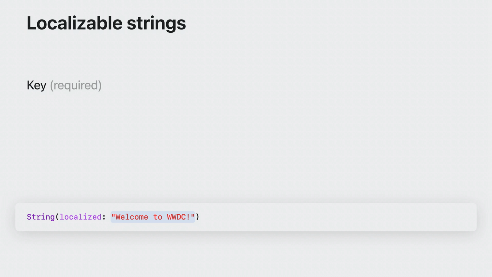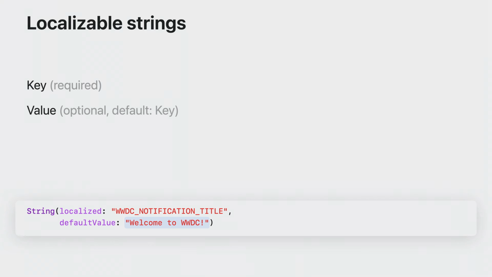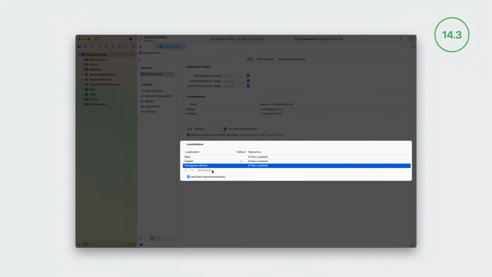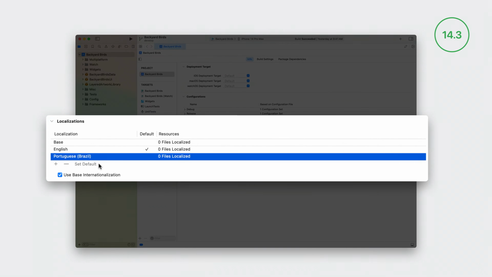This is what will be used at runtime to look up the appropriate value to display. The default value can be specified explicitly if desired, but will otherwise fall back to the key in the default localization. Xcode 14.3 introduced the ability to change the default localization of your project using the project editor. This is useful if the strings in your source code are not in English.